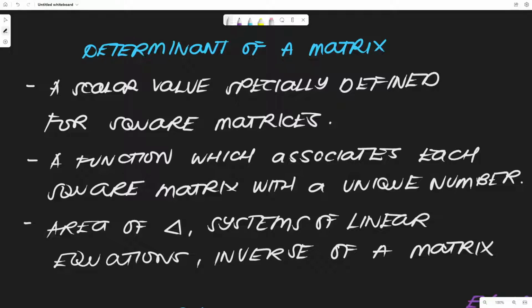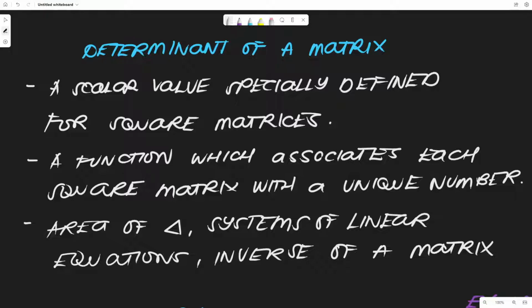That's all a square matrix means. The determinant is a function which associates each square matrix with a unique number. This means there are no multiple square matrices with the same determinant. Each square matrix has a unique determinant.